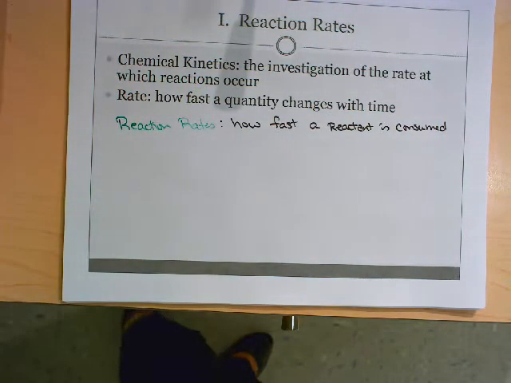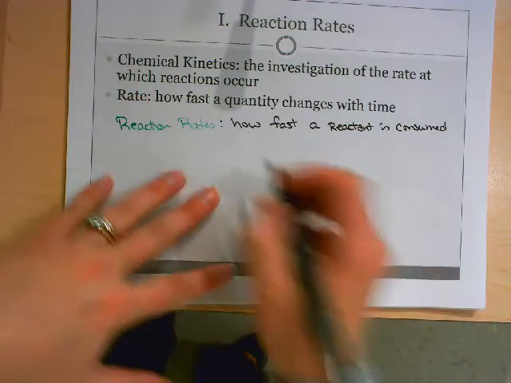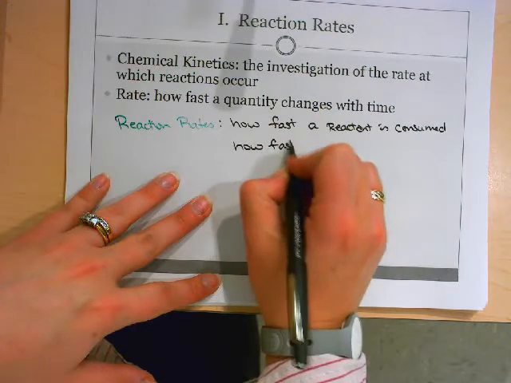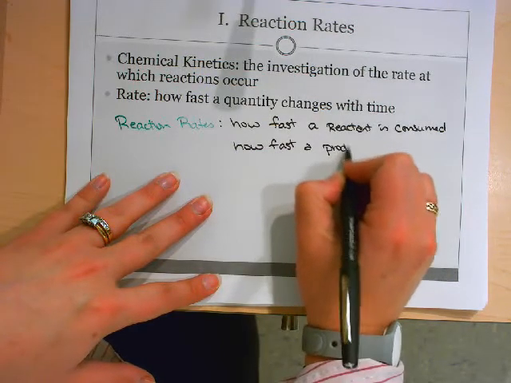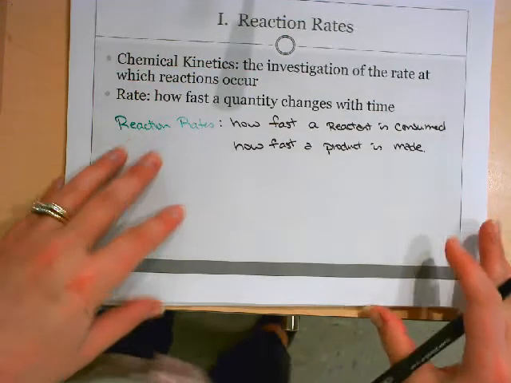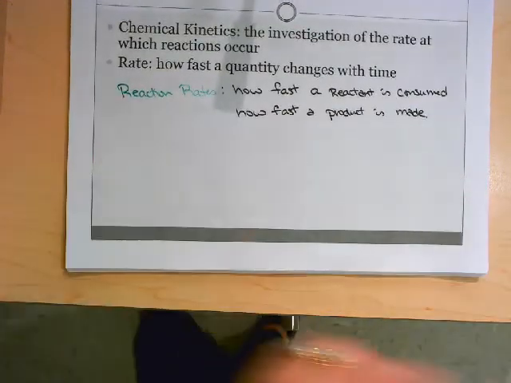If I'm looking at combustion, I have gas and oxygen. How fast is the gas being used up? Or we could look at the other side of the reaction, and we could look at how fast a product is being made.